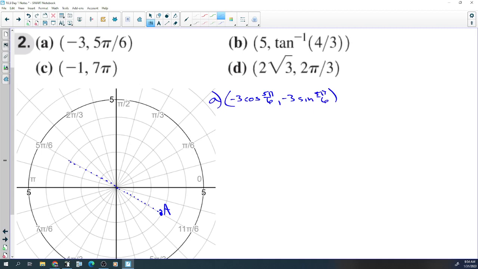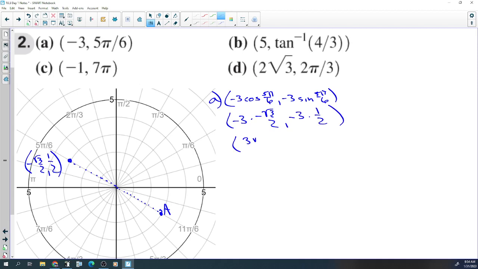But we're using 5 pi over 6. We're using this up here, which is on the unit circle is negative square root of 3 over 2, 1/2. So look, when you take a negative times a negative, you get a positive x value. And then when you take a negative times a positive, you get a negative value.